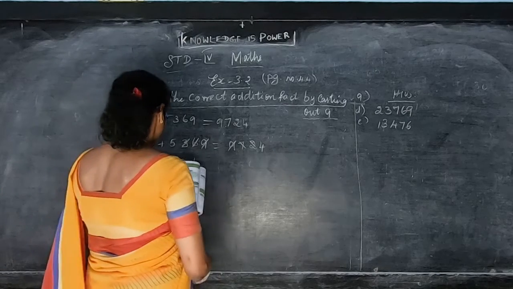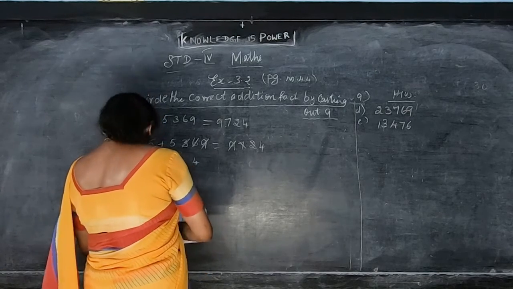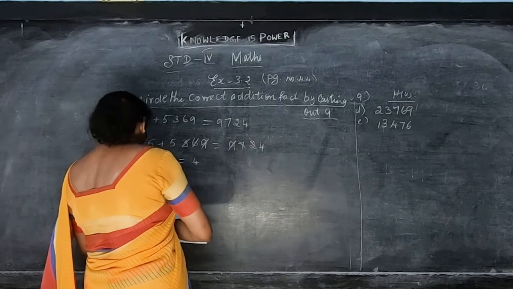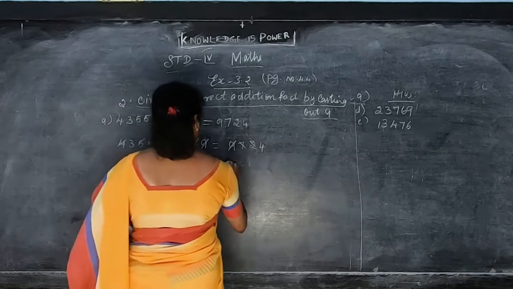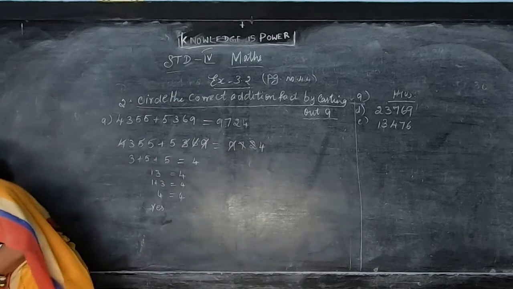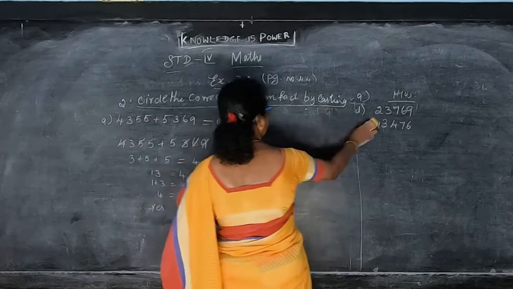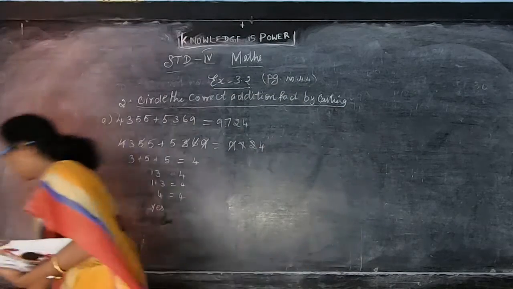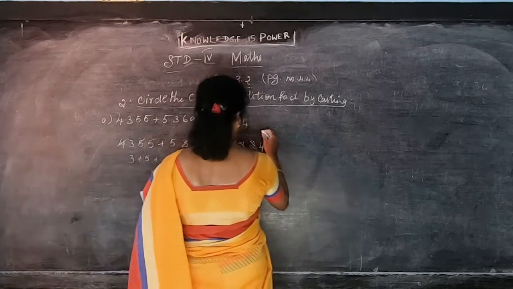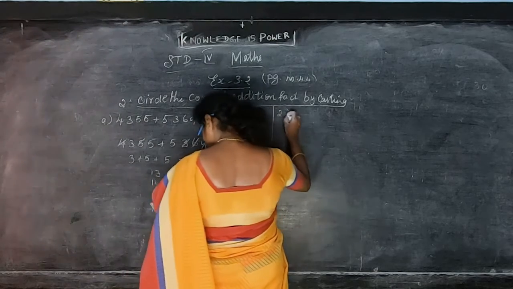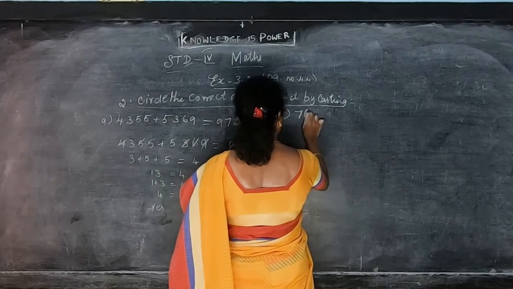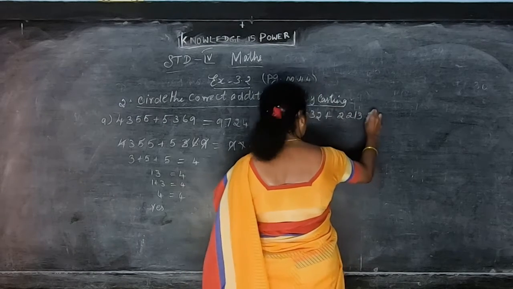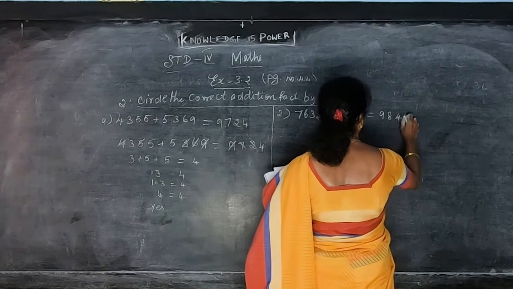Now the next one, 7632 plus 2213 is equal to 9845.